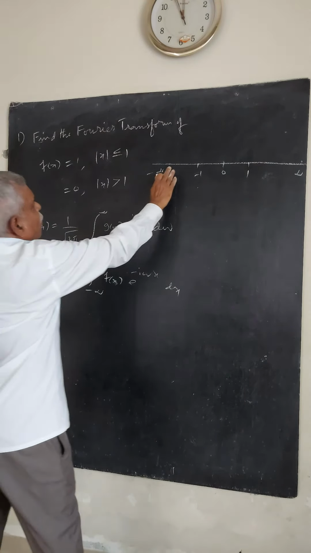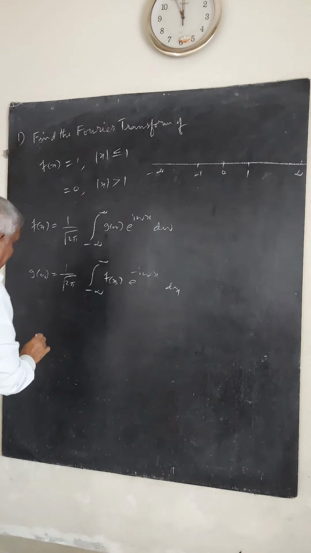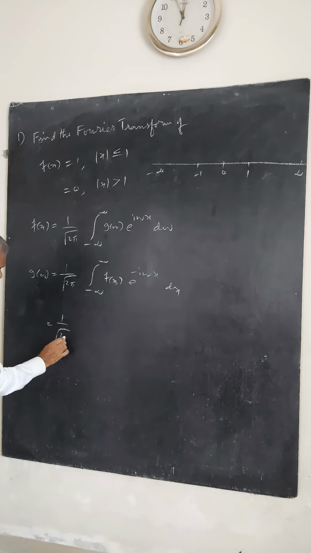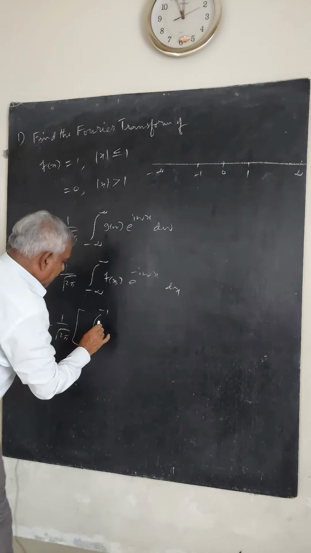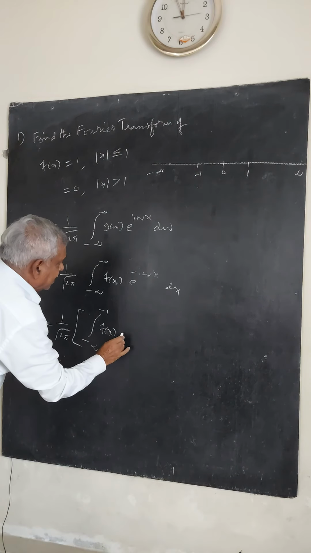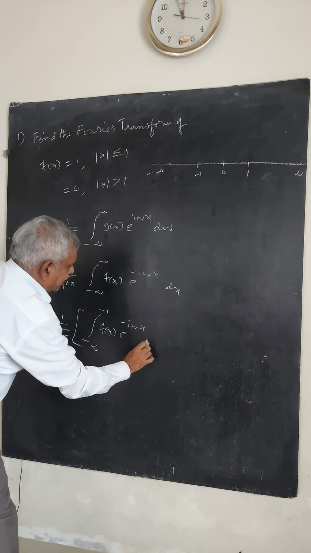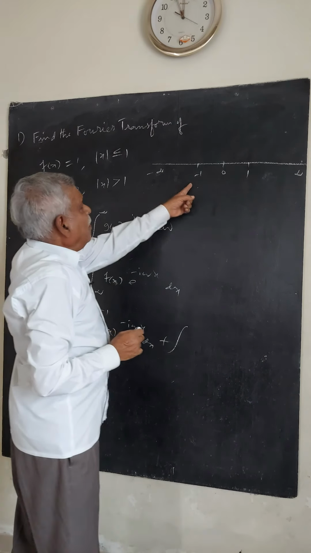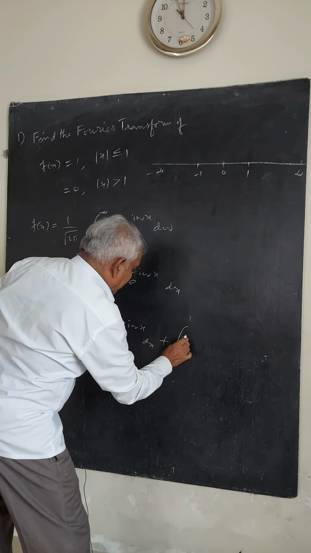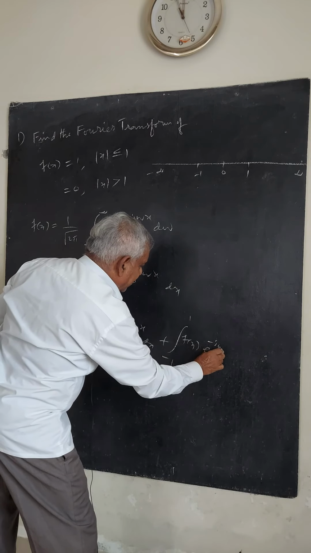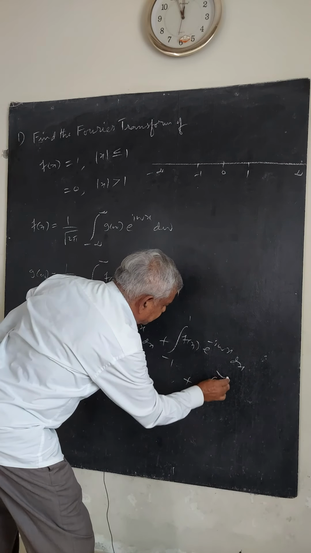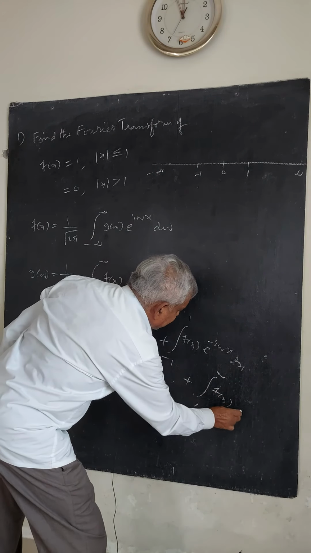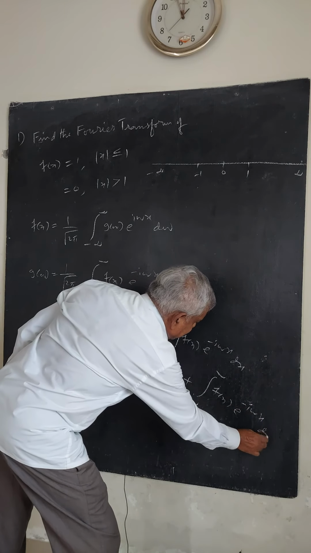We are splitting into three integrals. In brackets: minus infinity to minus 1 of f of x e power minus i omega x dx, plus minus 1 to 1 of f of x e power minus i omega x dx, plus 1 to infinity of f of x e power minus i omega x dx.